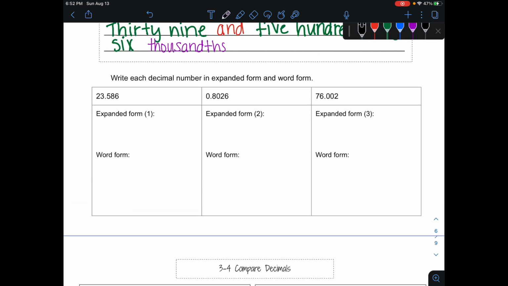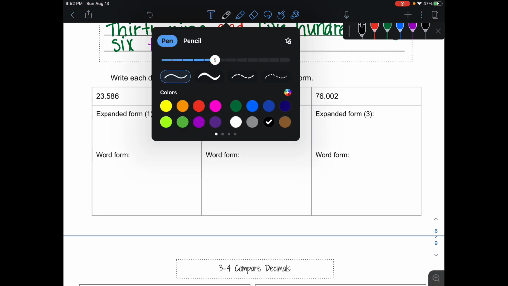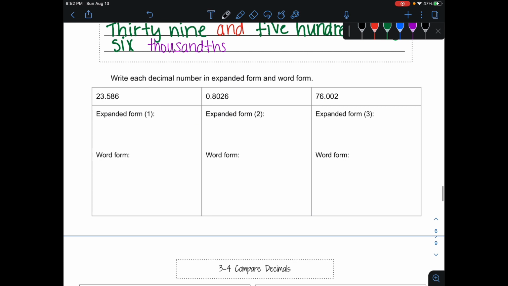So we have 20 plus 3 plus 0.5 plus 0.08 plus 0.006.